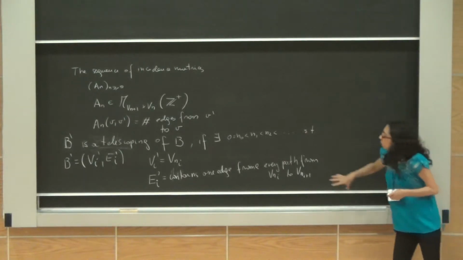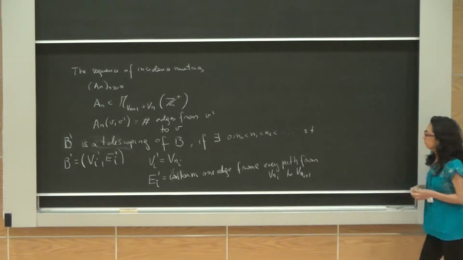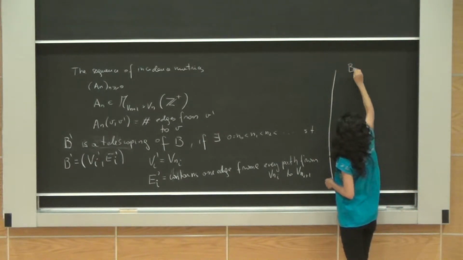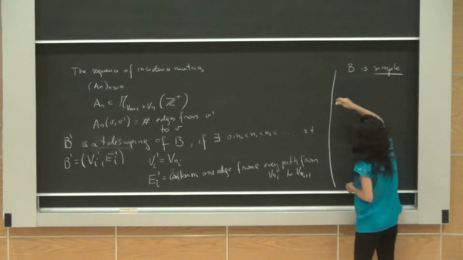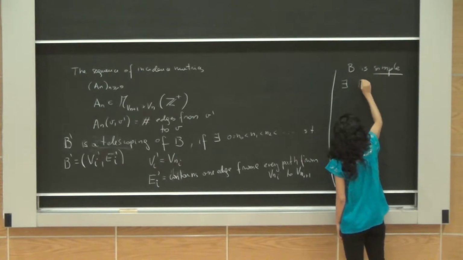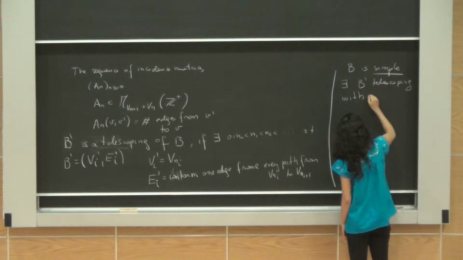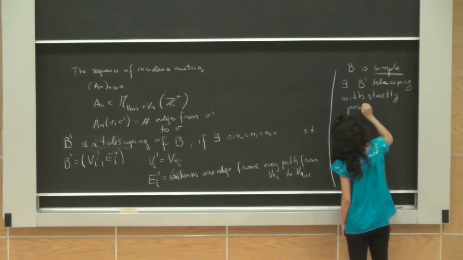So this is a way to keep the same information as in B prime. And we are going to say that B is simple if there is a telescoping with strictly positive incidence matrices.